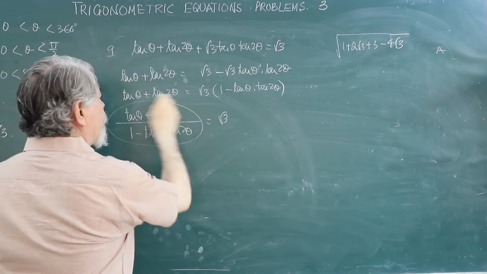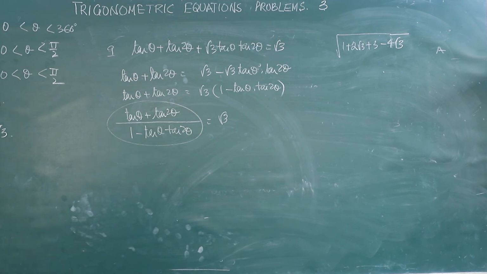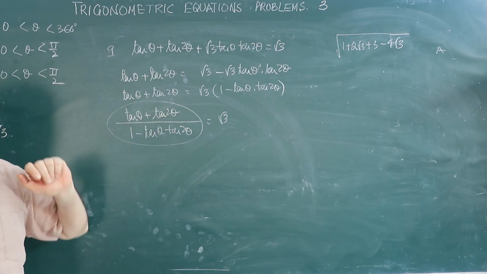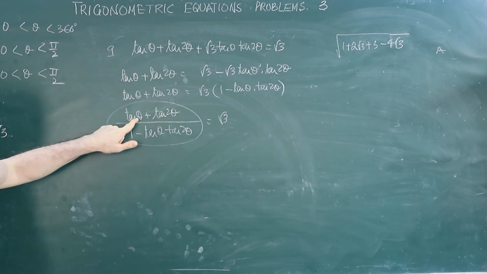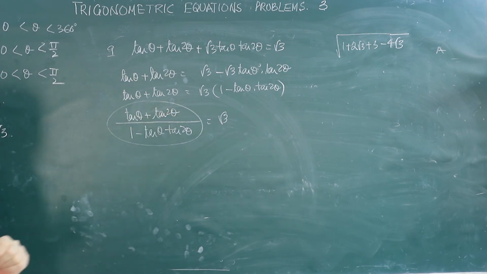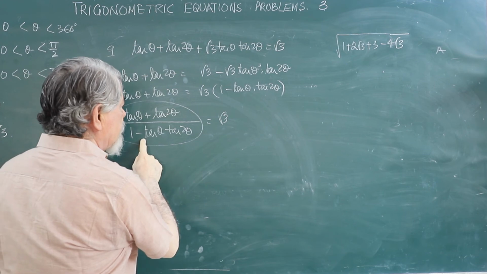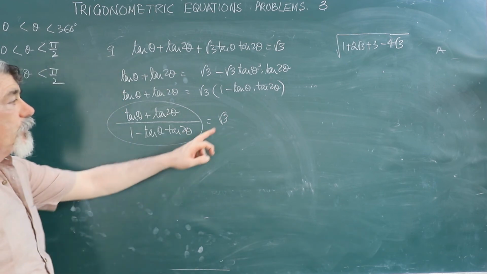Now this is the formula for tan A plus B. Tan A plus B is tan A plus tan B upon 1 minus tan A tan B. Here instead of A, theta is there and instead of B, 2 theta is there. So tan theta plus tan 2 theta upon 1 minus tan theta tan 2 theta is equal to root 3.